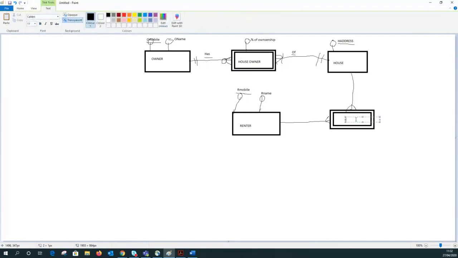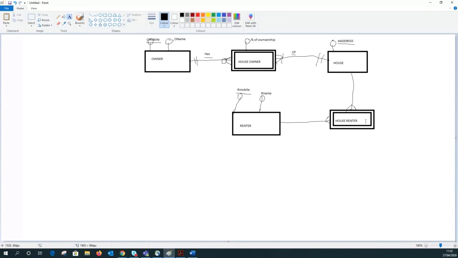So this actually records, let's say, house renter, something like this, right? So what is the identifier for the house renter now? How to identify a specific row in the house renter, we need to know who is the renter.